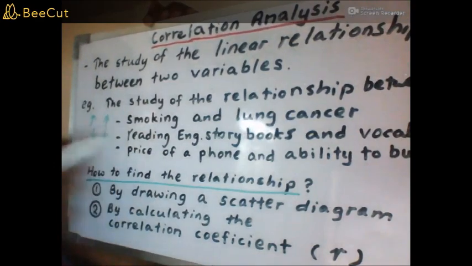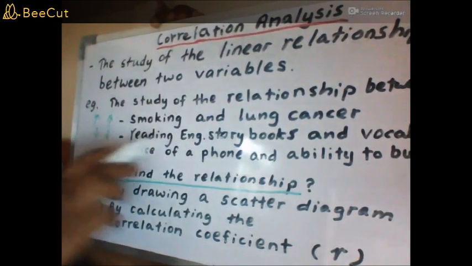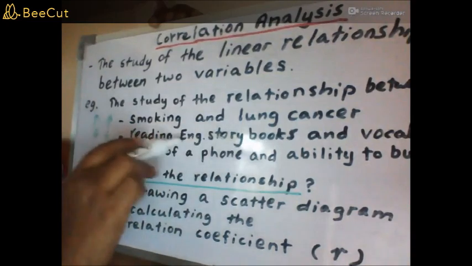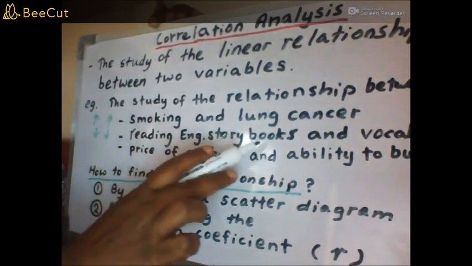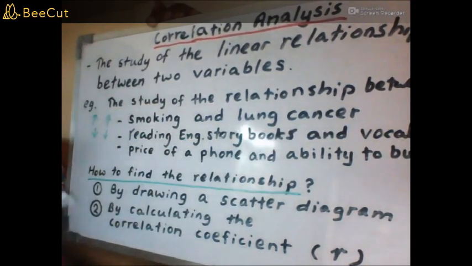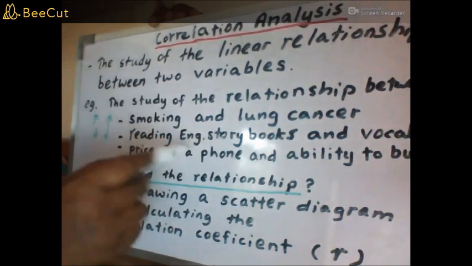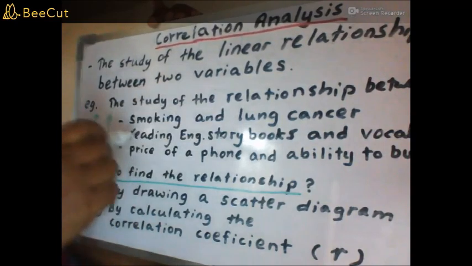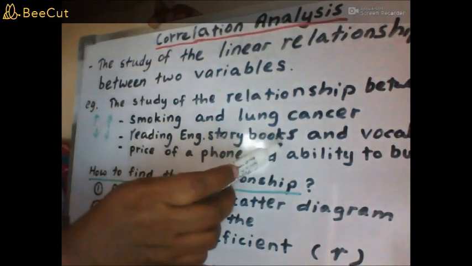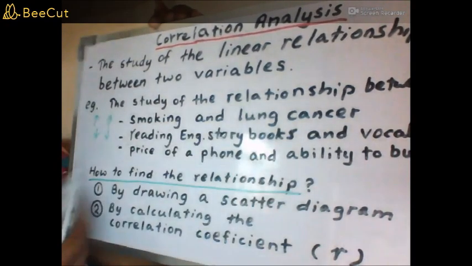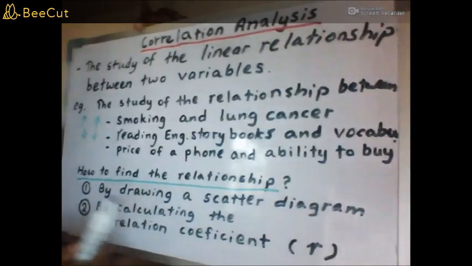Now we'll take this example. Reading English storybooks, right? That's one variable. 1 book, 2 books, 3 books, 10 books, 9 books. So the book's number changes. That's why it's a variable. Reading English storybooks and the ability to develop vocabulary, the number of new words.